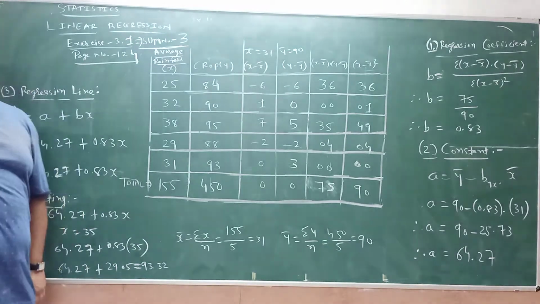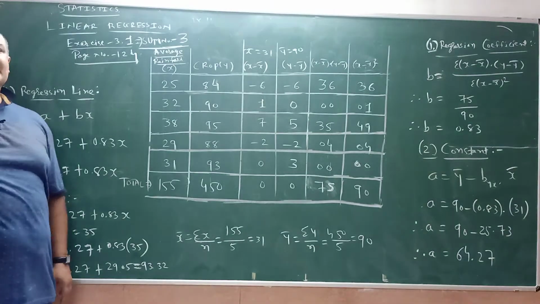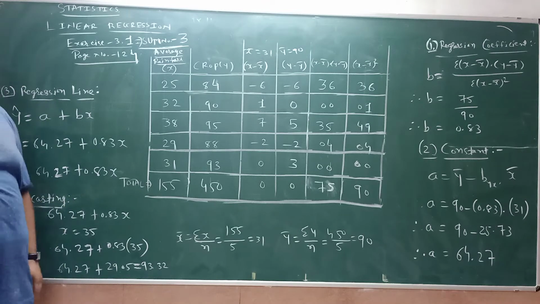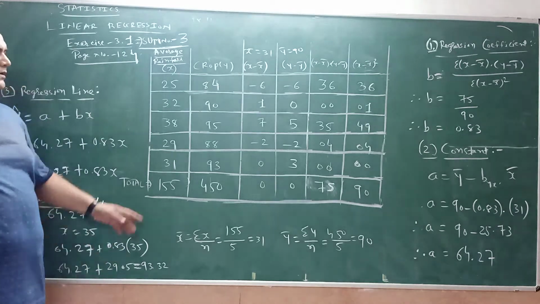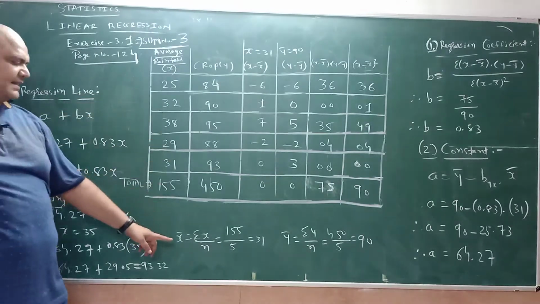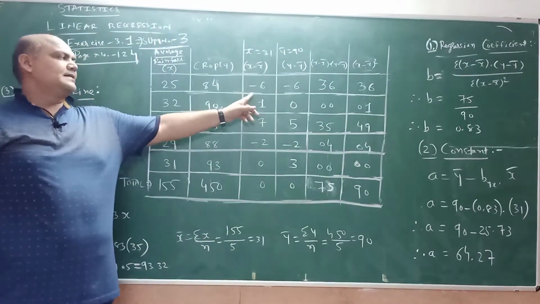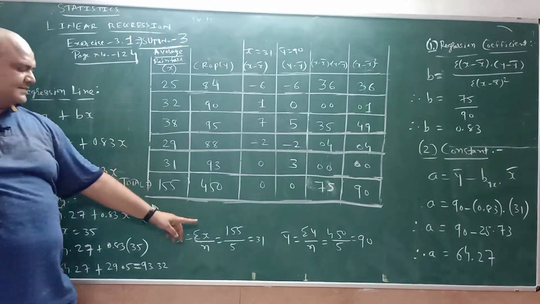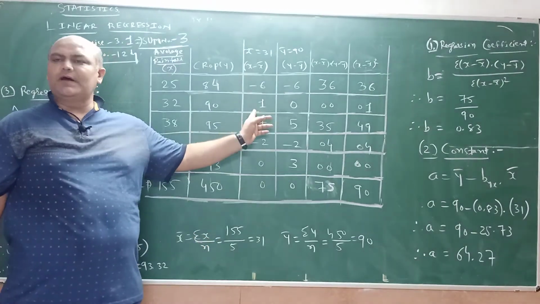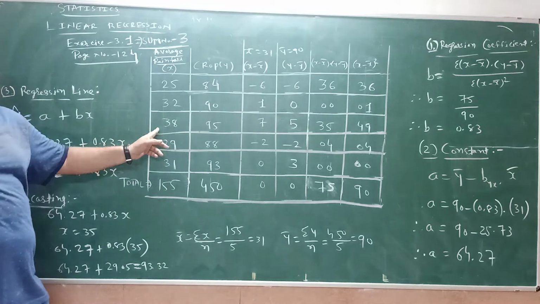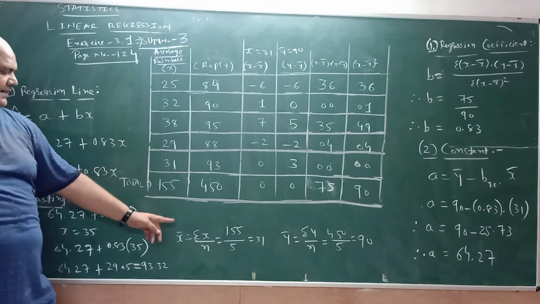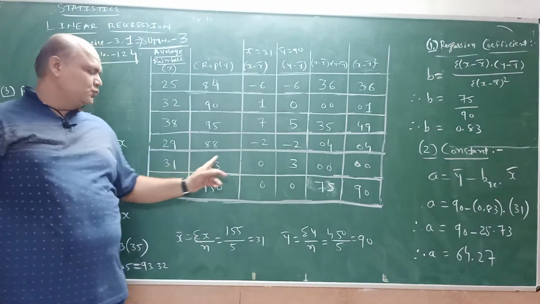From all the values of x, we deduct x bar, and from all the values of y, we deduct y bar, one by one. So 25 minus 31, the answer is minus 6. 32 minus 31, it is 1. 38 minus 31, 7. 29 minus 31, minus 2.